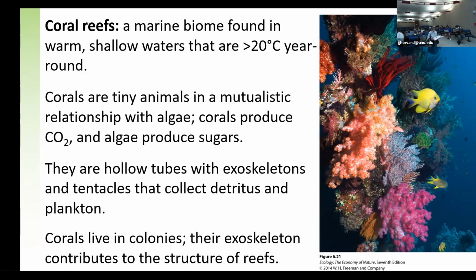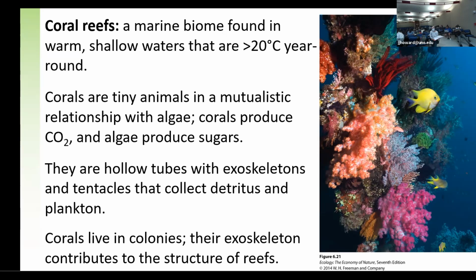So corals are animals. They harbor algae. And when a coral reef bleaches due to high temperatures, the algae are expelled from the animal tissue. That's what bleaching actually means.